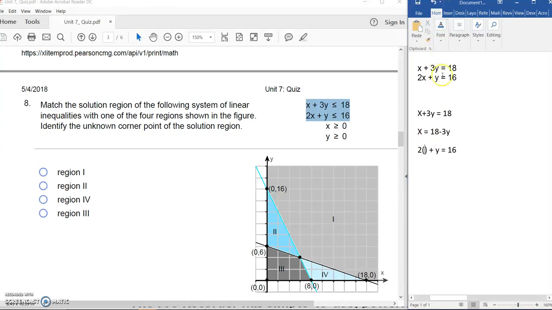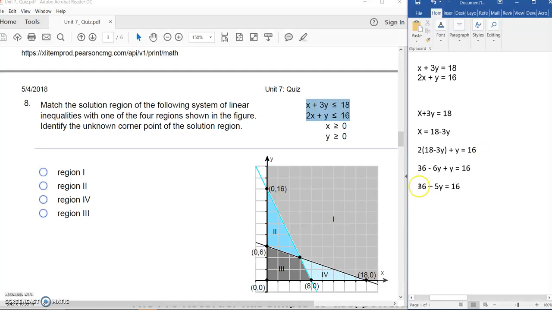So I would distribute the 2 over here. So that would give me 36 minus 6y, and then plus y equals 16. So that minus 6y plus y makes minus 5y, which is equal to 16.